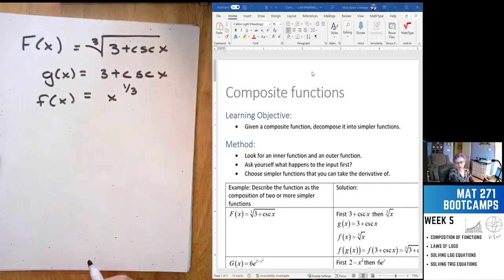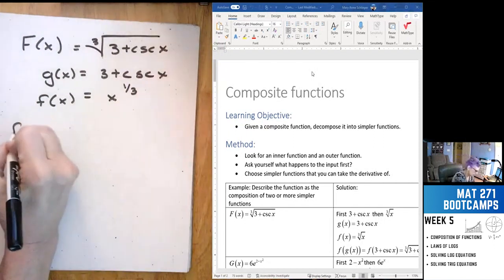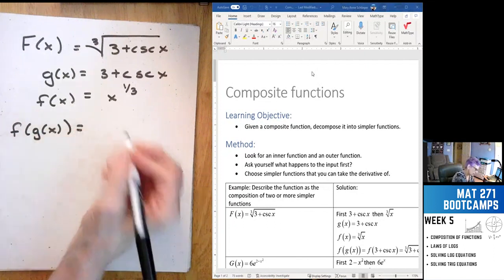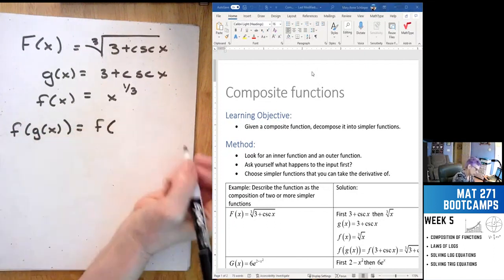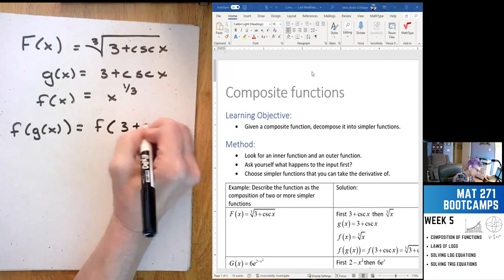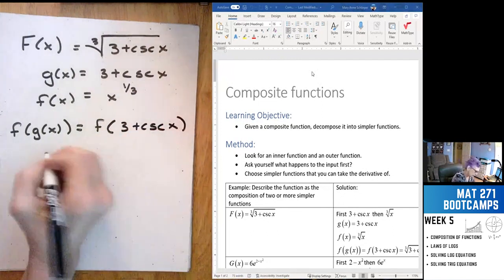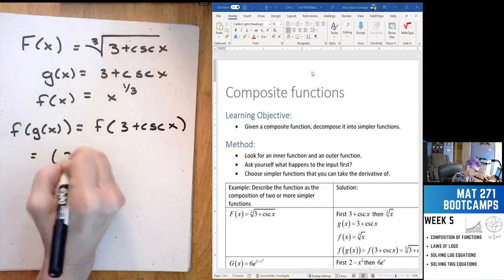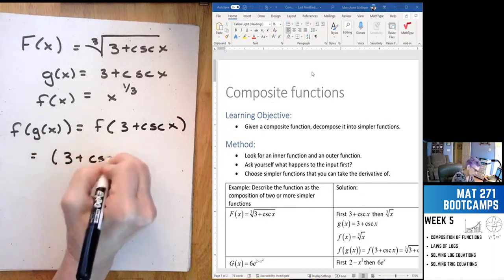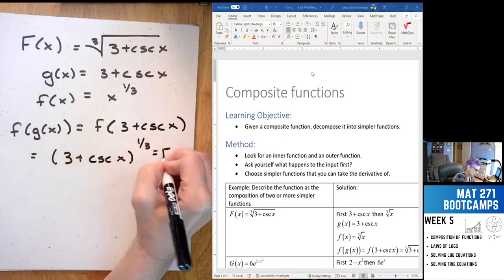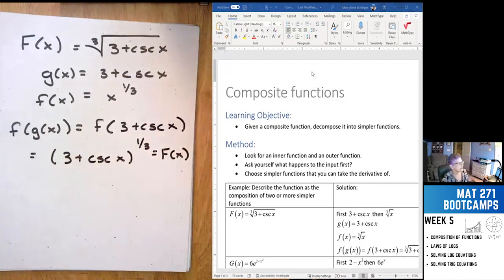That's something you can easily take the derivative of. If we look at f of g of x, that means we would do f on 3 plus cosecant of x, which means we would take 3 plus cosecant of x and raise it to the 1/3 power. That gives me exactly what I want.